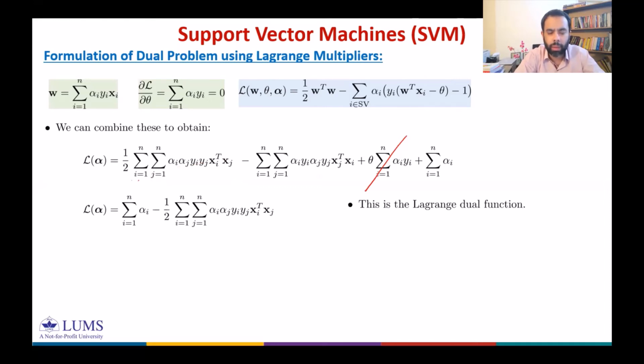Is this convex, concave, neither? Look at the quadratic term. We have xi transpose xj. It's a function of alpha. We have alpha i, alpha j. We have a quadratic effect here. And this is a concave function because we have a negative sign here.